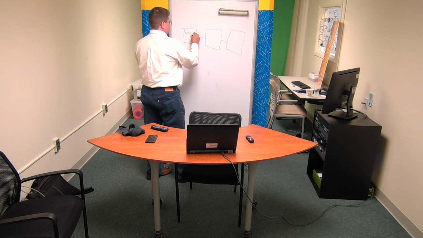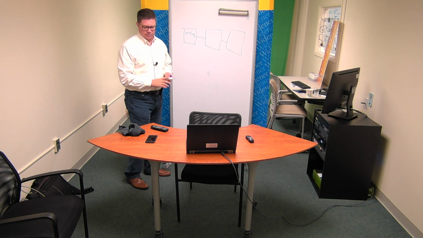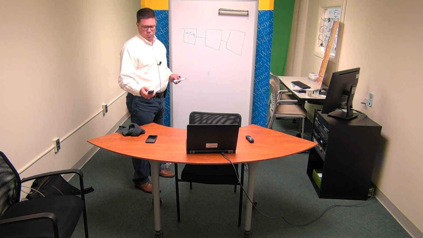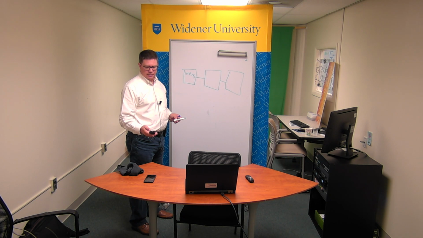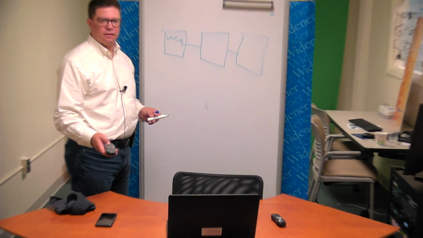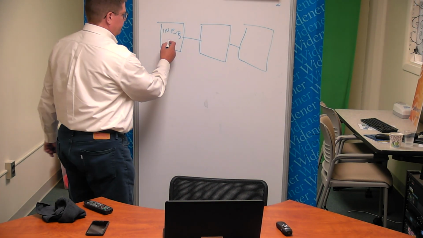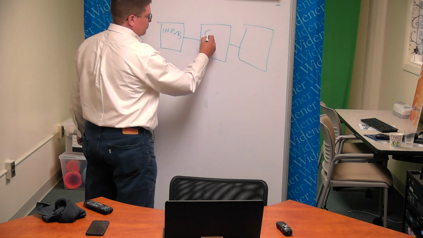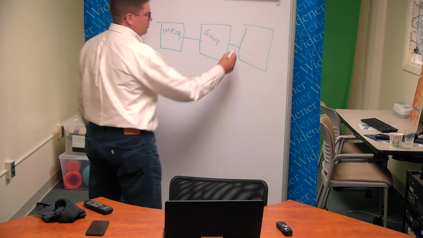On the one hand, we have inputs into government. What is it that people want? And this essentially is public opinion. Then we have government, and then we have outputs.